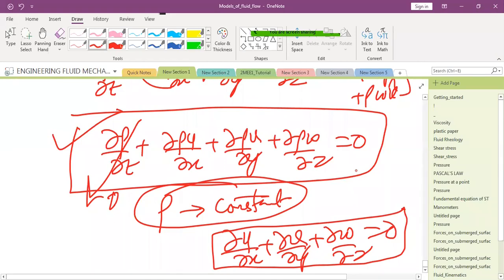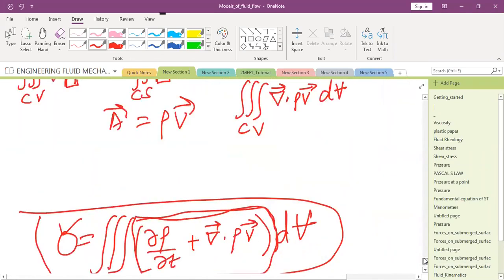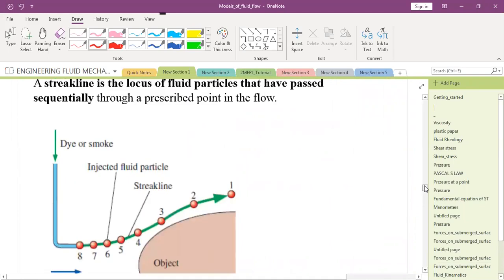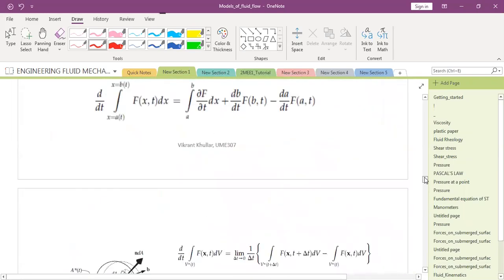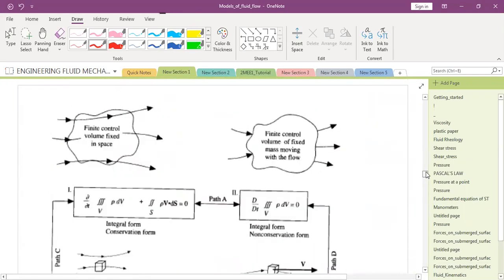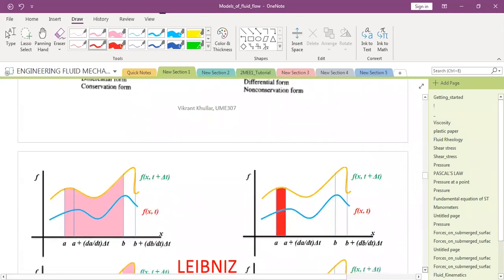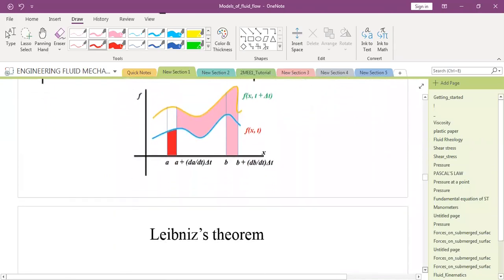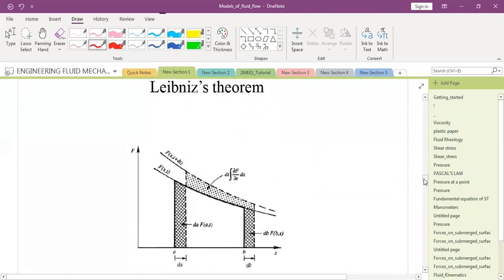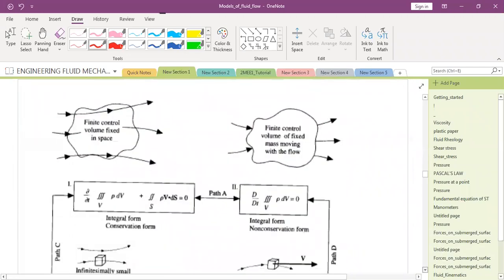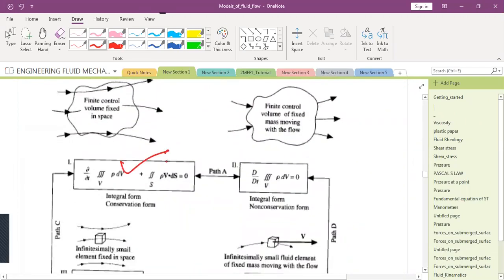Any doubts to anyone? So we have actually derived the continuity equation using Reynolds transport theorem. That is, we took a finite size control volume. So now try to see if you have observed it carefully. This was the equation.